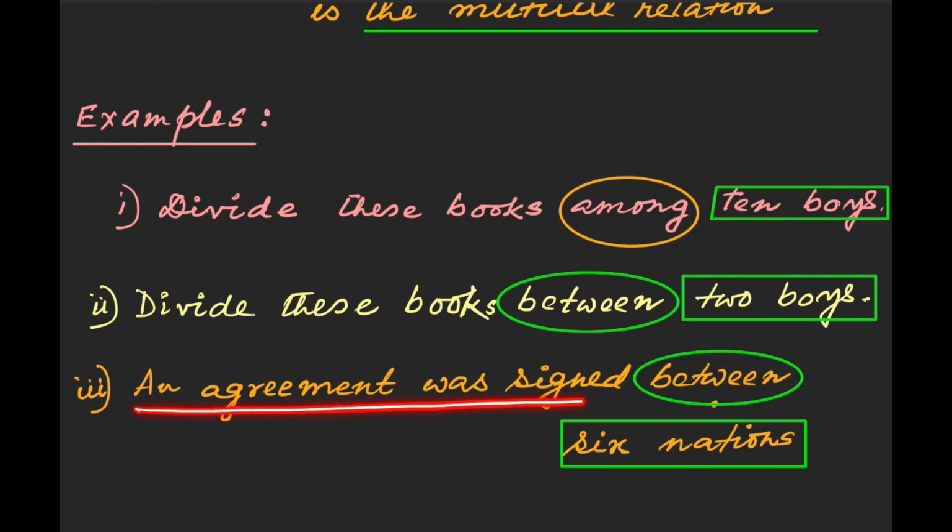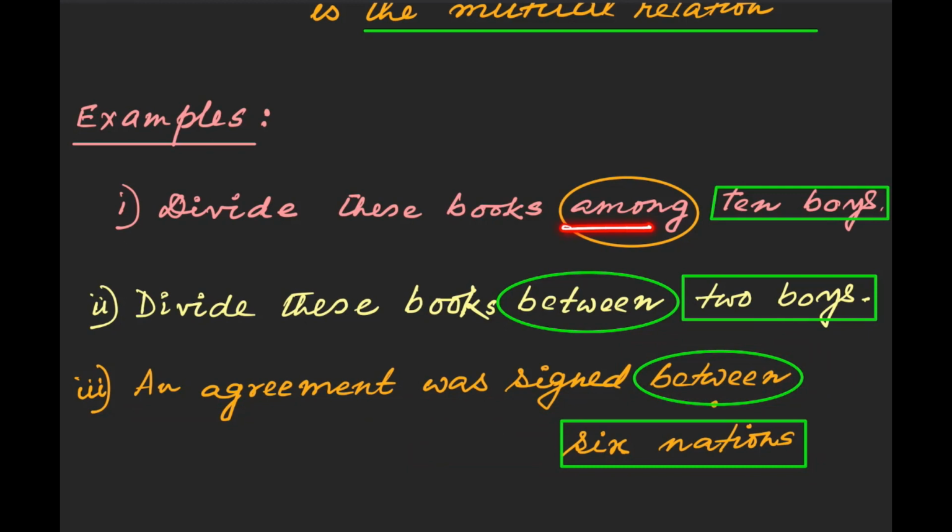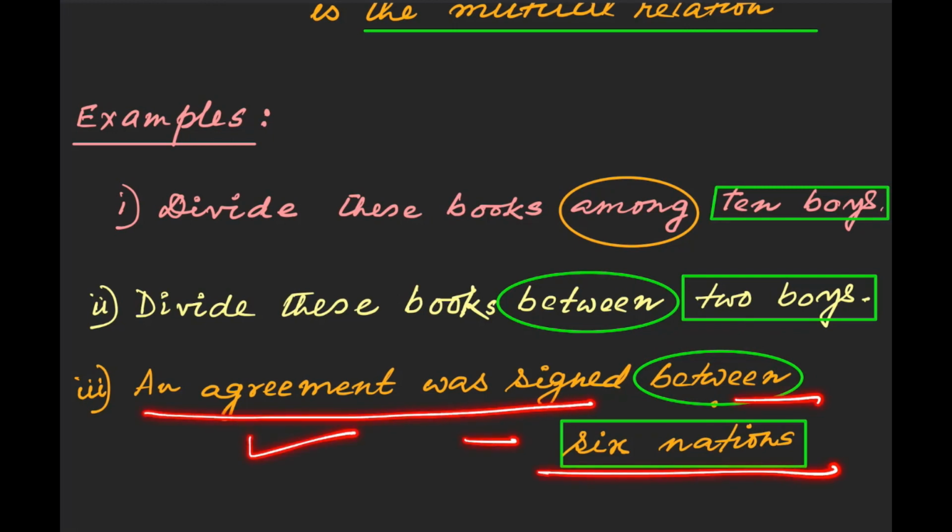An agreement was signed between 6 nations. A mutual relation, for this between is used before many, 6 nations. So among refers to many, between refers to two, except when there is a mutual relation. If it is the mutual relation, between is used before many, like this. An agreement was signed between 6 nations.